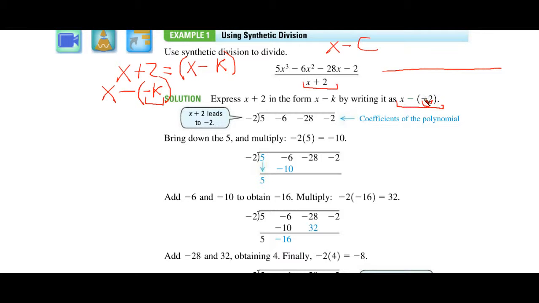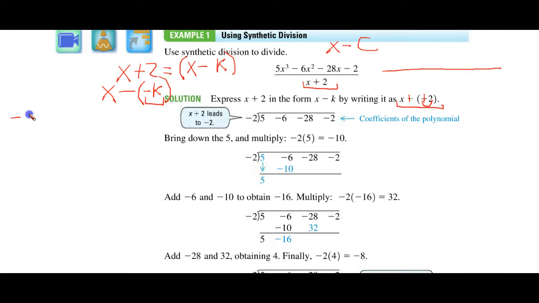Your constant is a negative 2 to fit in this formula to become a positive 2. The opposite of a negative makes it a positive. It's the opposite sign, a negative 2. So this is how we're going to start.